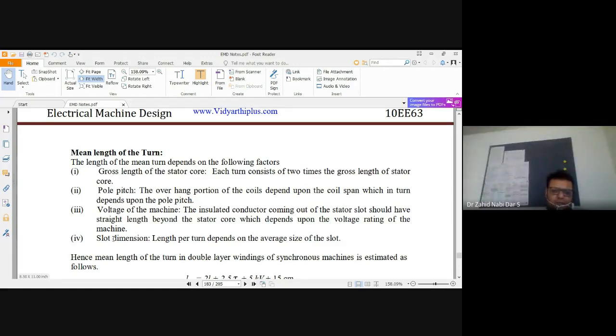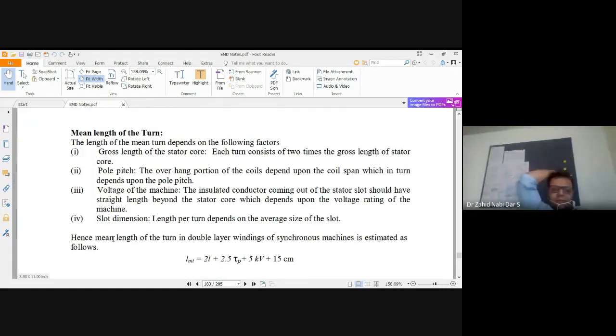Then the voltage of the machine and the slot dimensions. If the voltage is increased, you require more insulation compared to a lower voltage. So the insulated conductor coming out of the stator slot should have a straight length beyond the stator core, which depends upon the voltage rating of the machine.